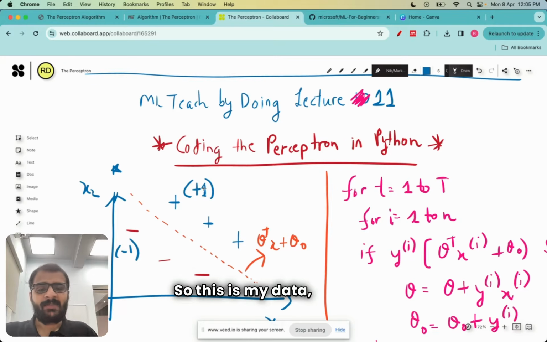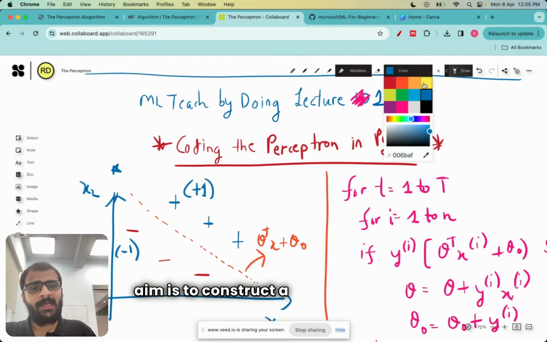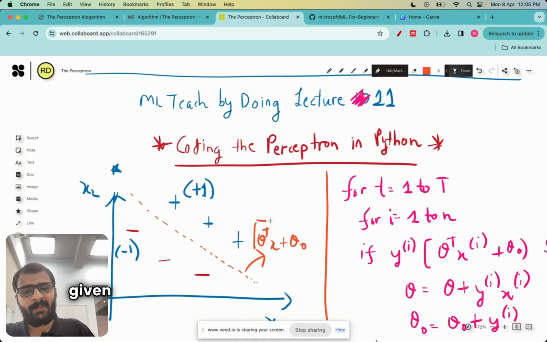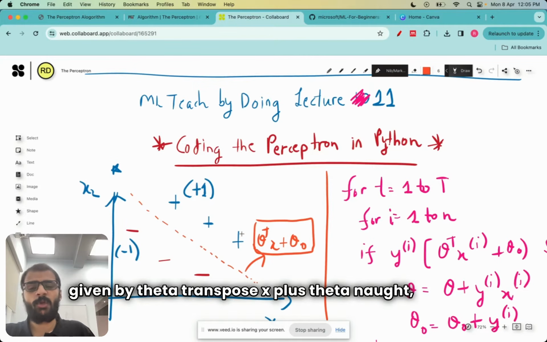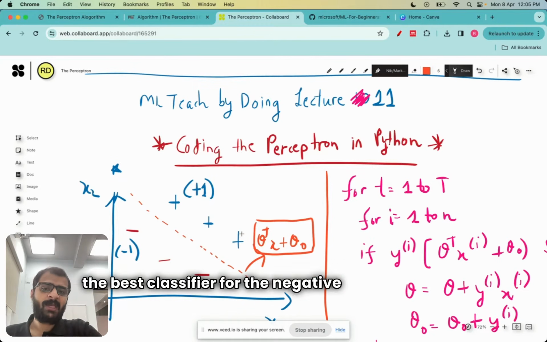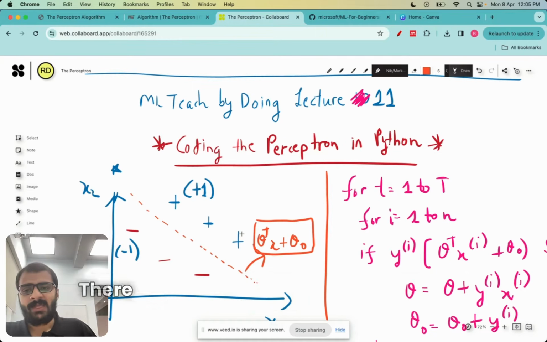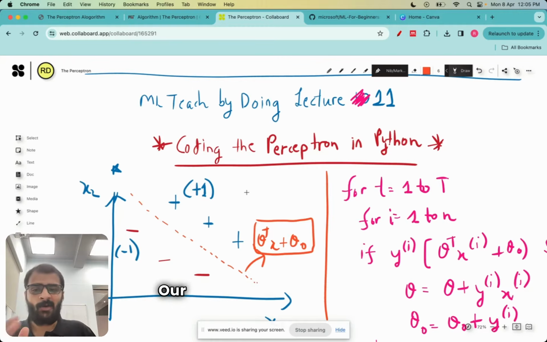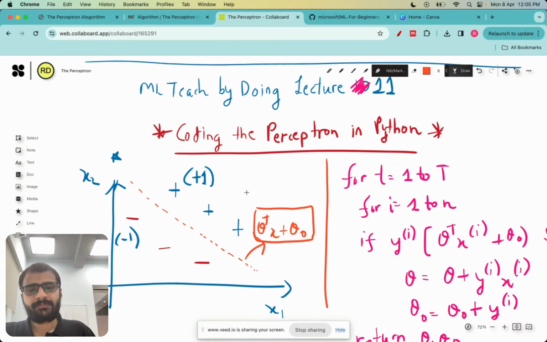So this is my data, and the aim is to construct a linear classifier. The aim is to find the straight line given by theta transpose x plus theta naught which is the best classifier for the negative and the positive points. There can be many such classifiers, many such straight lines we can draw. Our aim is to find the best one.